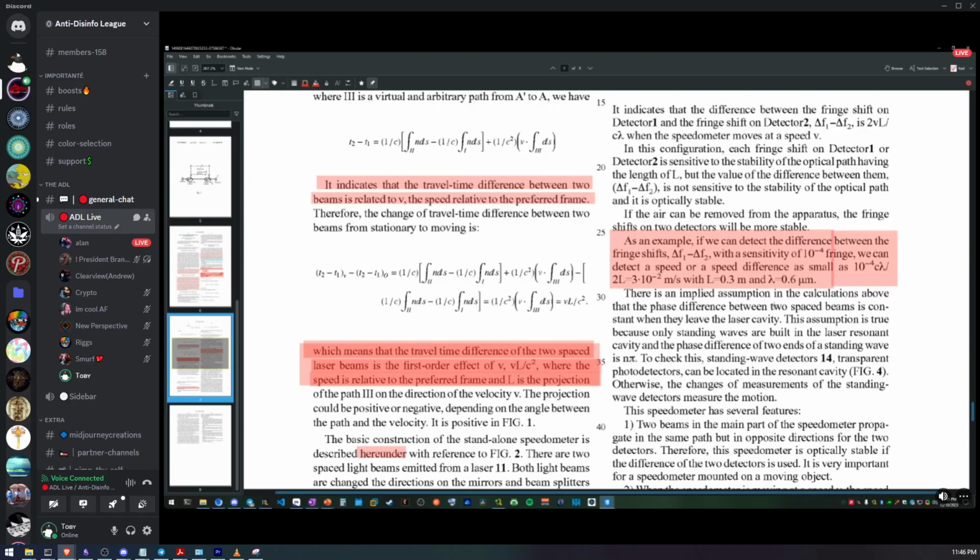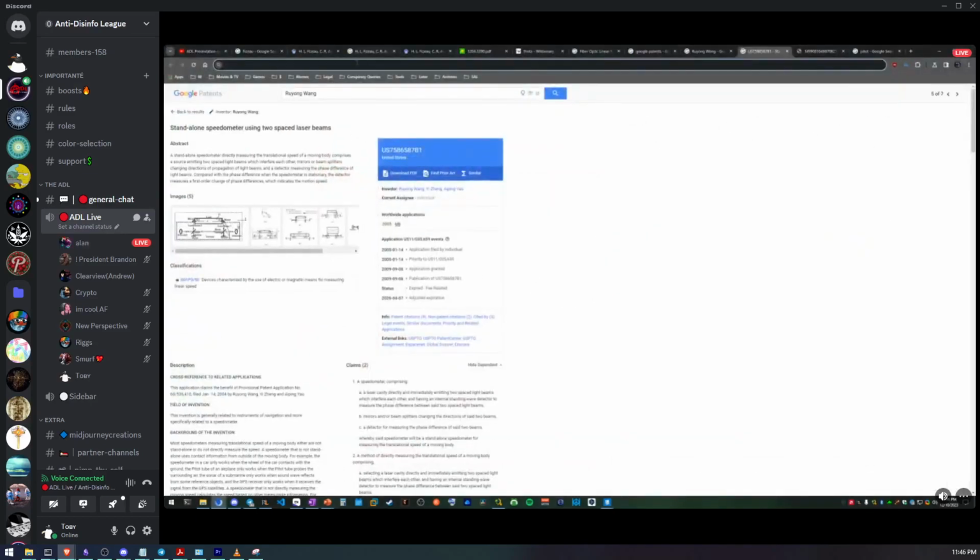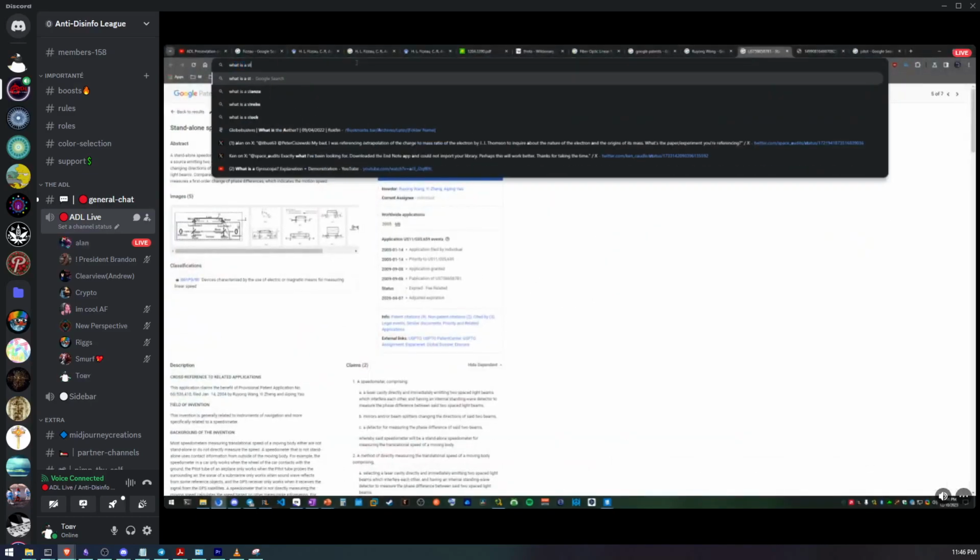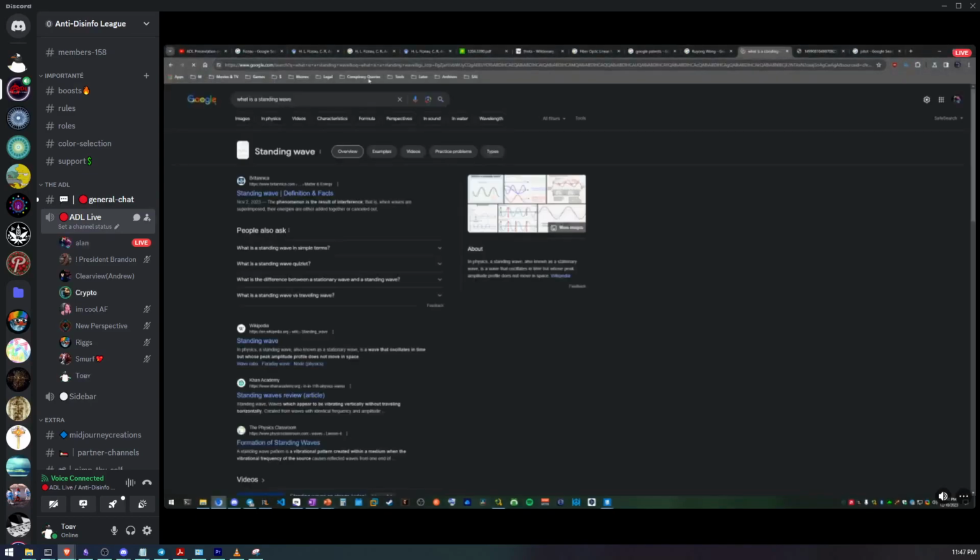They're just saying that they're assuming that the speed of light is the same as it's leaving. That's true because only standing waves are built in the laser resonant cavity. Only standing waves. What's a standing wave? Good question. Oh, I studied standing waves. Can't remember what they are, but.